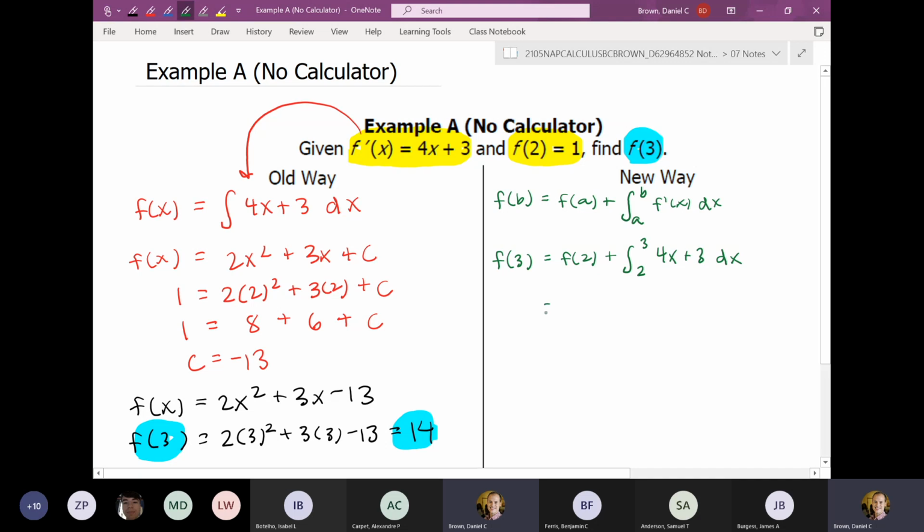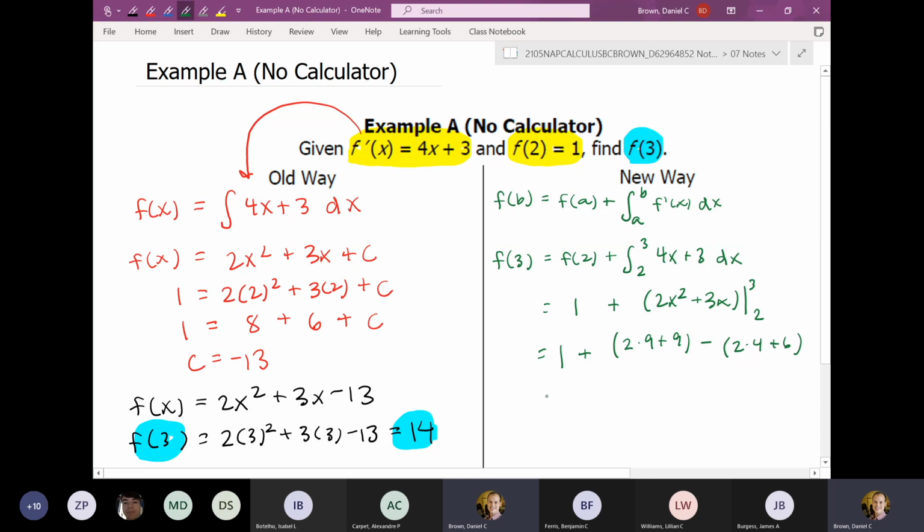So we have this f of 2, which was 1, plus the antiderivative. Don't need a plus c for this one. And then we can plug in the top minus the bottom. So I have 1 plus 2 times 9 plus 9 minus 2 times 4 plus 6.